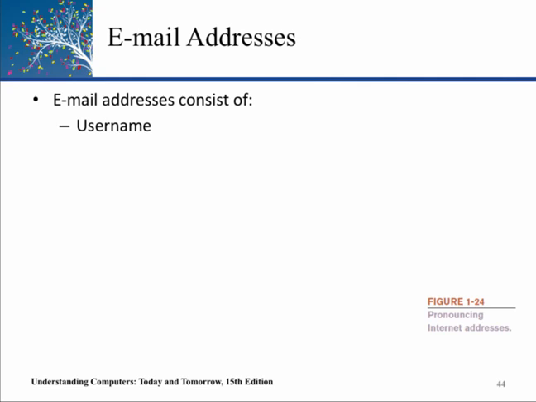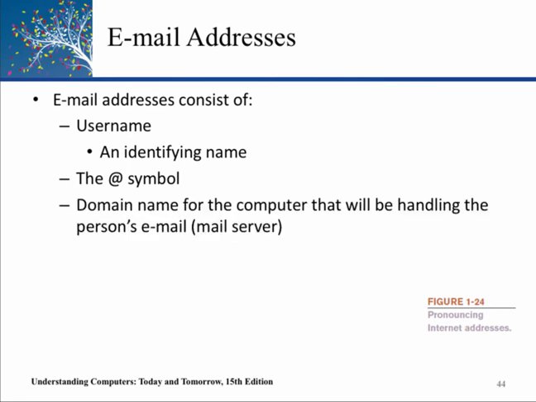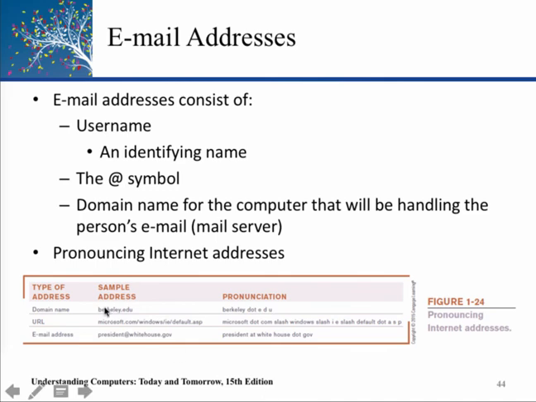Well, they consist of the following: a username, that's an identifying name, an @ sign, and this breaks it up so the computer can read it, and then a domain name for the computer that will be handling the person's email, the mail server. And the way we pronounce it, we have the domain name, URL, and then an email address. So you can see, if we were to pronounce the domain name, it would be berkeley.edu.